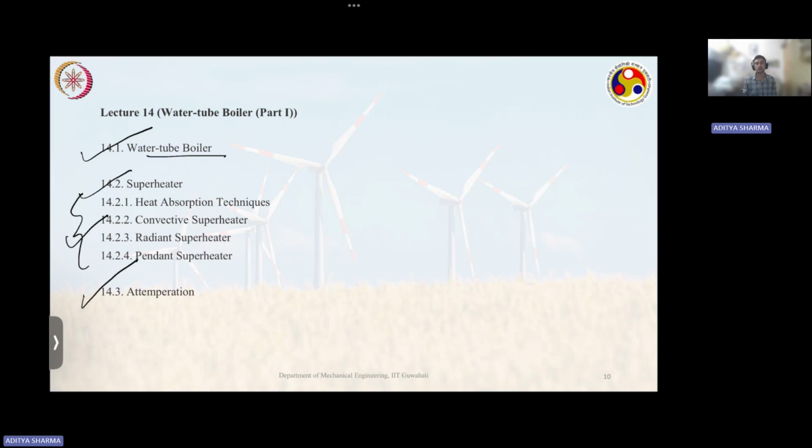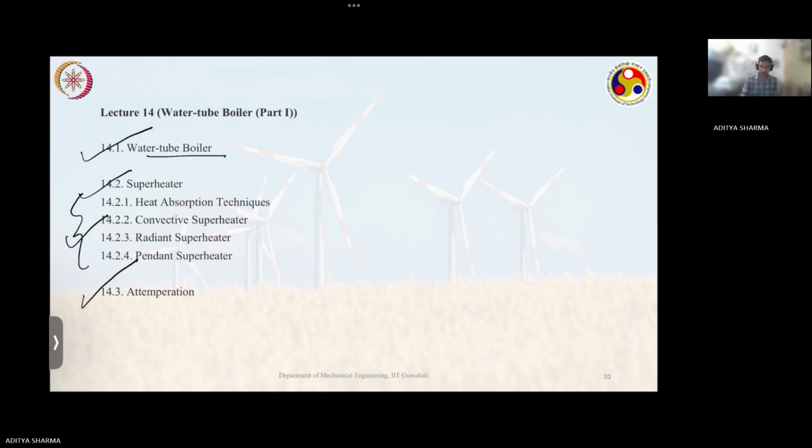In that case, what we need to do is cool this steam down, right? We need to lower the temperature so that the temperature remains in limits. So for that case, we use attemperation, right?